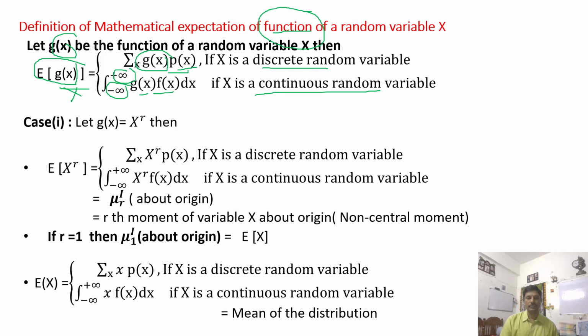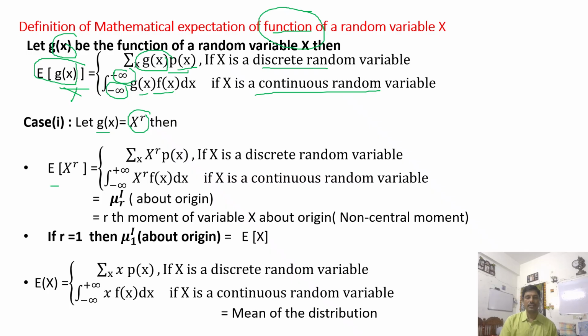Clear? In case of continuous random variable, integration is there; in case of discrete random variable, we have g of x into p of x. Now in the place of g of x, some particular functions are given. Then what is the expectation? We will see. Say g of x is equal to x to the power of r.